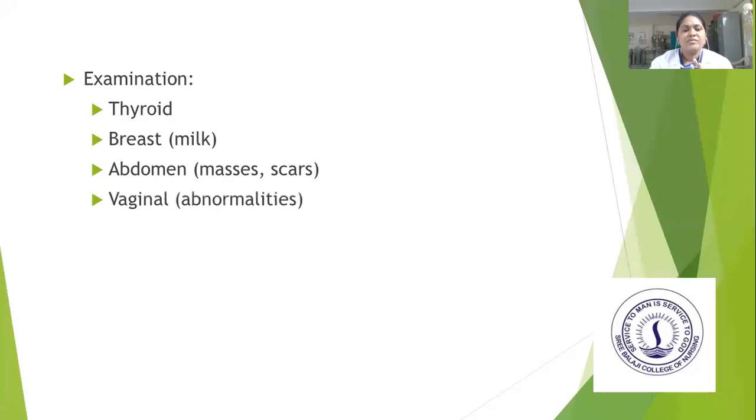and the breast and abdominal examinations: the breast examination, the abdomen for any mass and scars, and the vaginal examination for any abnormalities, and the bimanual examination of the uterus in order to find any masses.